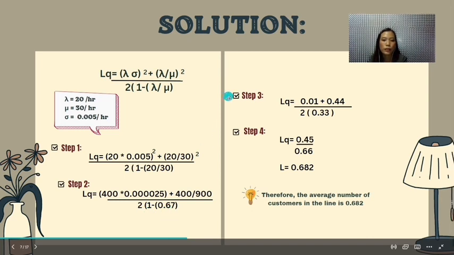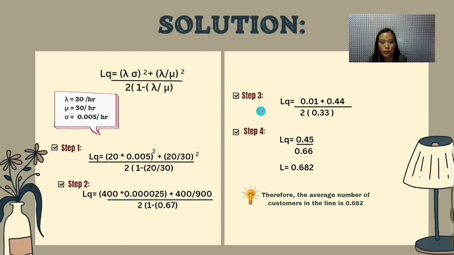And now, let's proceed with step 3. Sa step 3, ngayon, isi-resolve naman natin yung numerator. So, 20 times 0.00025 is equals to 0.01. Kindly use your calculator, kumuha kayo ng calculator to solve this problem, para ma-check nyo rin if tama.